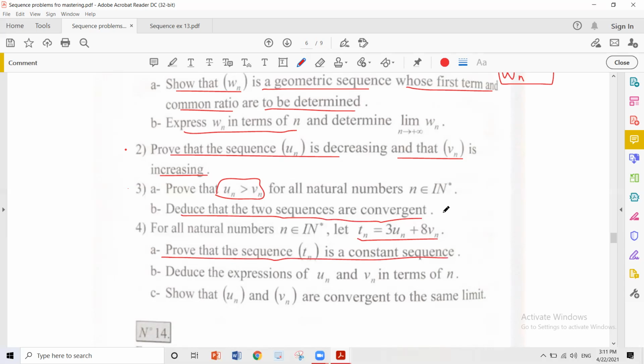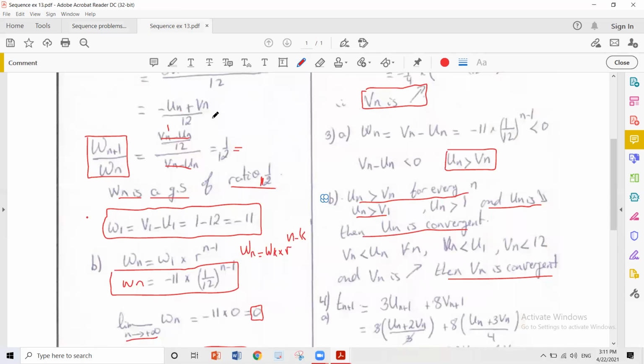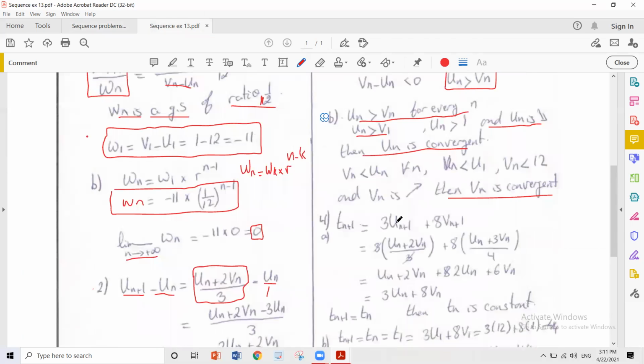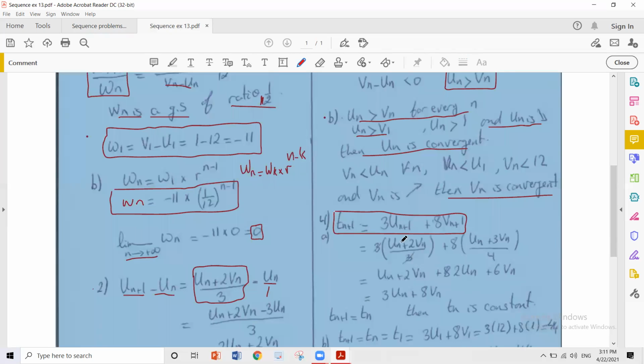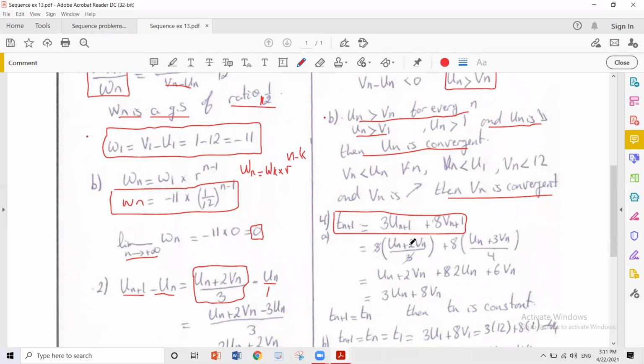Tn plus 1 is equal to 3u(n+1) plus 8 into V(n+1). Tn plus 1 equals 3 into (un plus 2Vn over 3) plus 8 into (un plus 3Vn over 4).